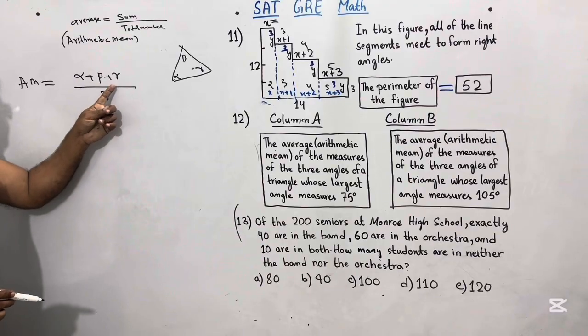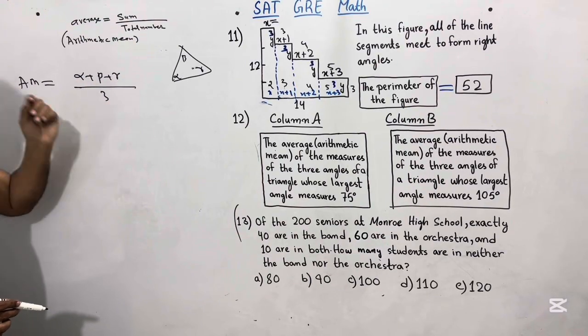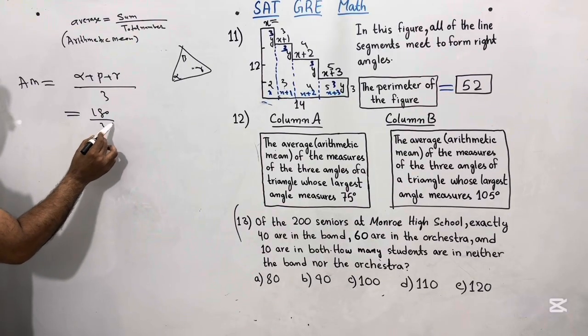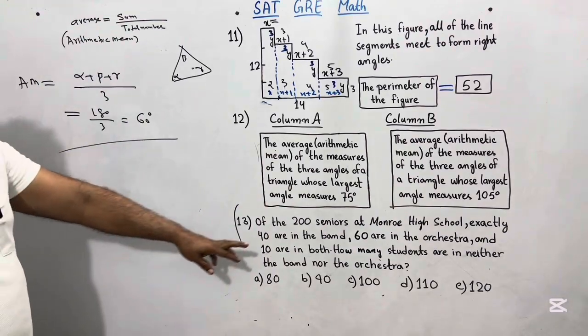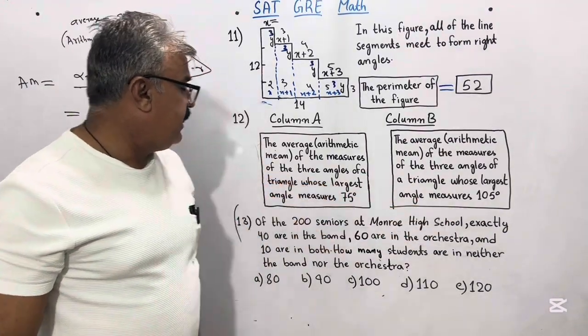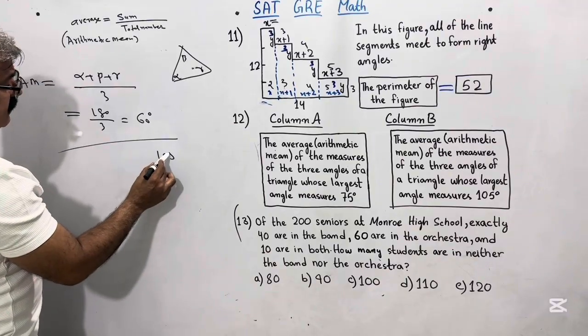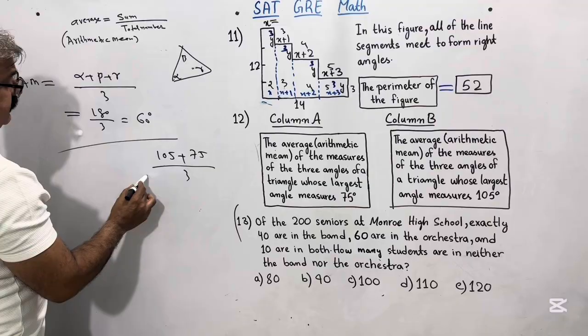Whatever their measures are, 30, 60, 90, or 45, 45, the sum is equal to 180. 180 divided by 3 is equal to 60 degrees. So does the case in that case. If one angle measures 105, the remaining two add up to 75, divided by 3.